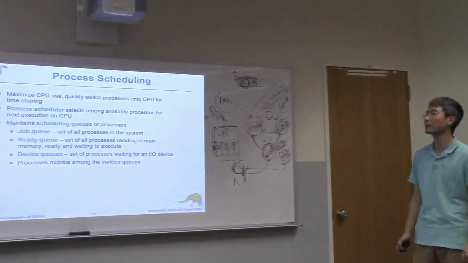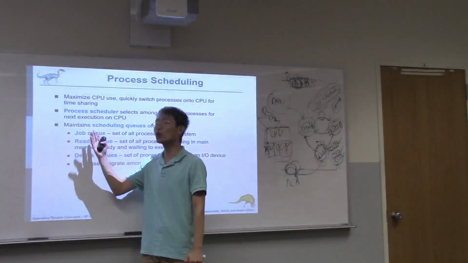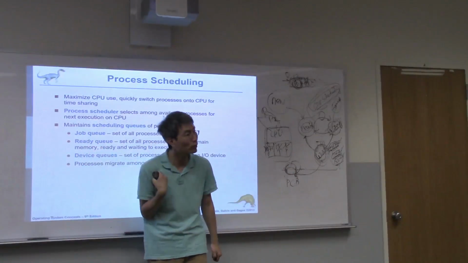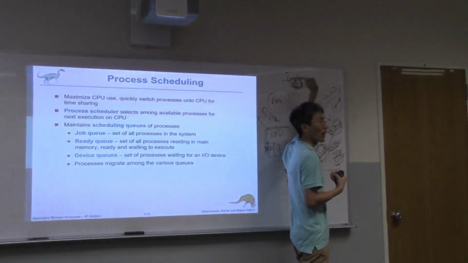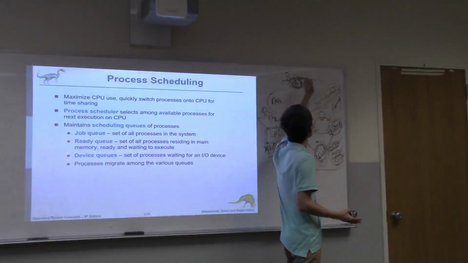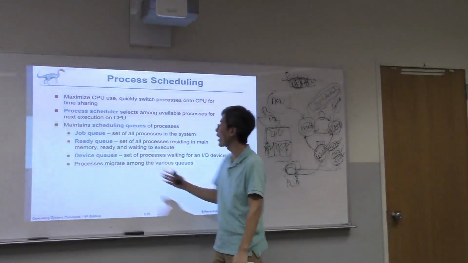There are two types. First, before that, in case we have a queue, then we need to have scheduling. Instead of just first in, first out, sometimes depending on your policy, we need to select another process from the queue. So what kind of queues do we have?